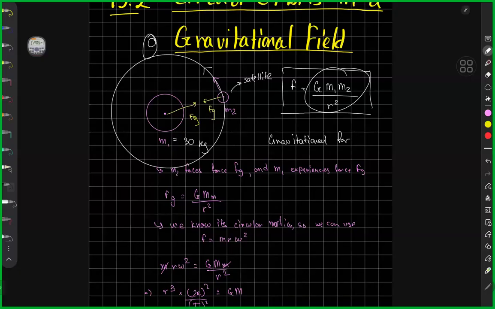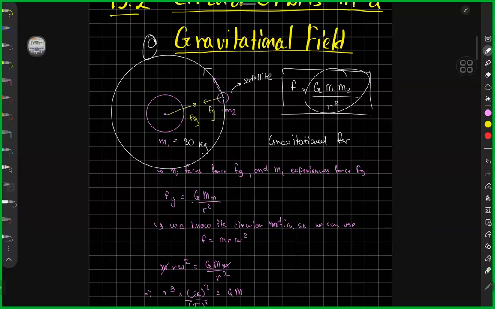That is why you feel weightless, because it's already doing the work on the satellite to keep it in orbit. And why do we need the force? Revisit circular motion. Because there's an acceleration towards the center. If you're orbiting around Earth, that means there's an acceleration towards the center.